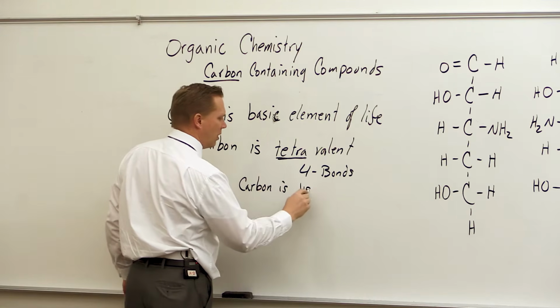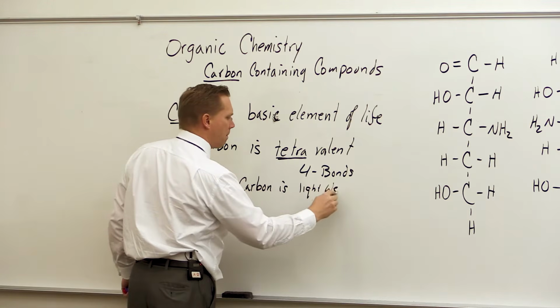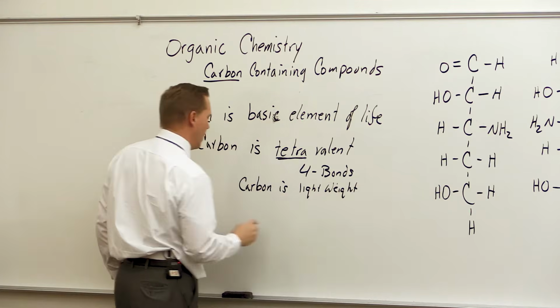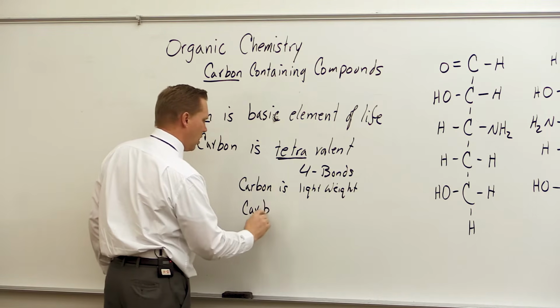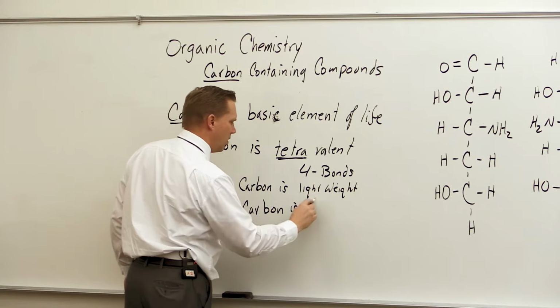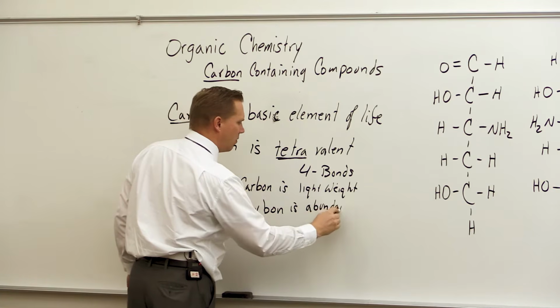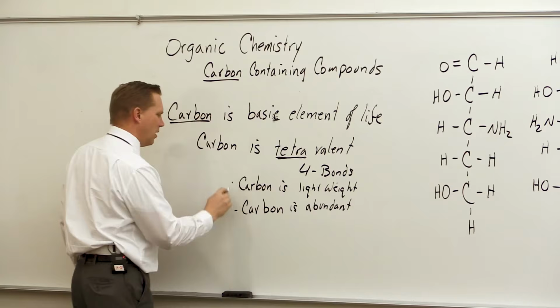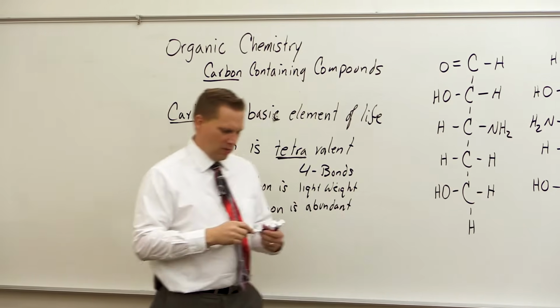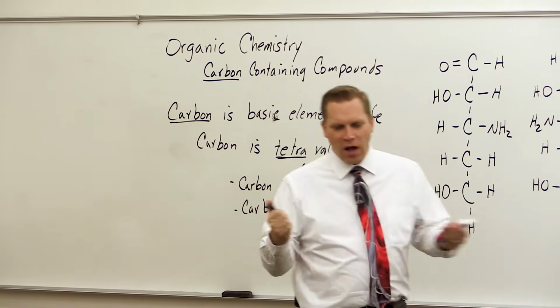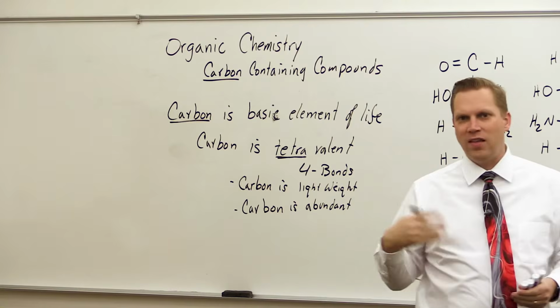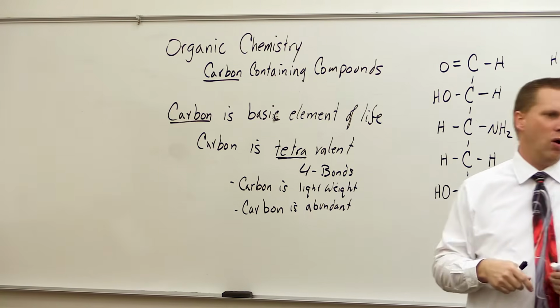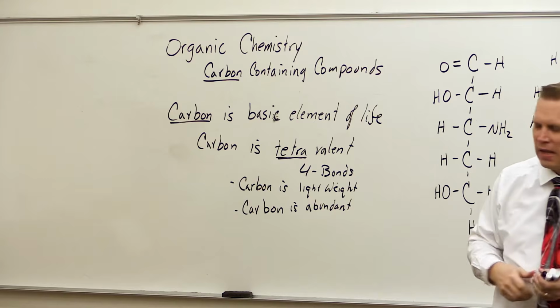is lightweight, and carbon is abundant. Now, these last two might not seem very important, but if you consider, for example, other elements that make 4 or more bonds, silicon lies right below carbon on the periodic chart.